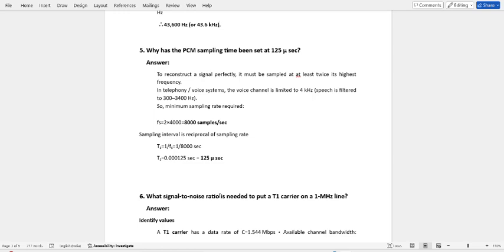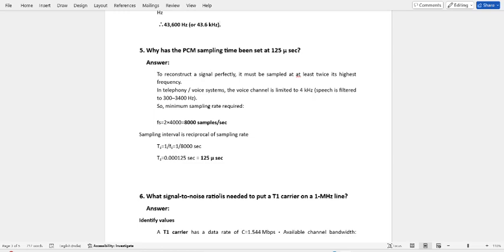To reconstruct a signal perfectly, it must be sampled at least twice its highest frequency. In telephony or voice systems, the voice channel is limited to 4 kHz. Speech is filtered to 300 to 3400 Hz.